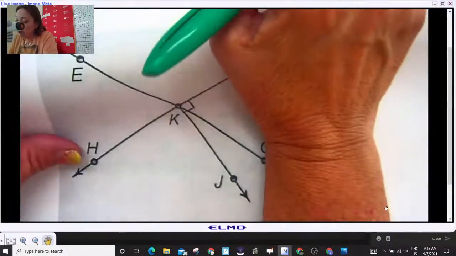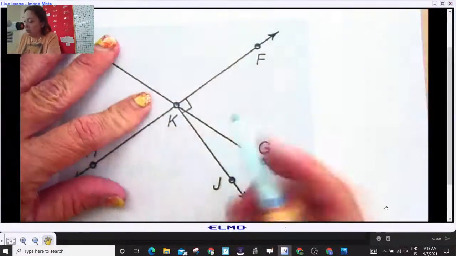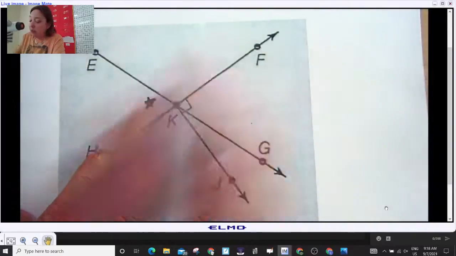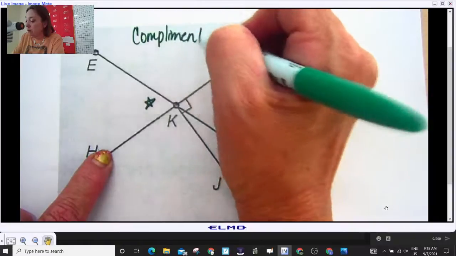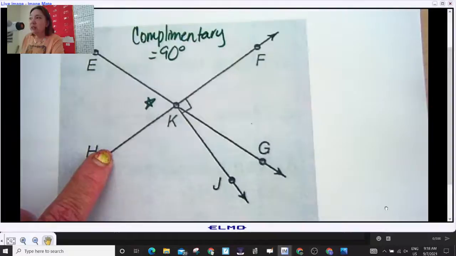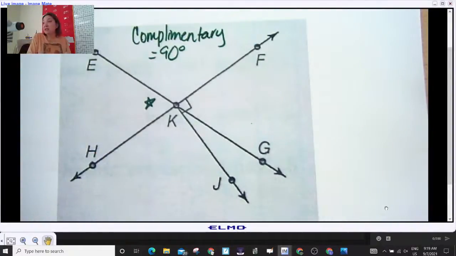What are we looking for? Complementary to EKH. So EKH is this guy, right? And we want to know what is complementary. Now, what does complementary mean? Equals 90. So that means they add up to 90 degrees, right? Now, they do not have to be adjacent to add up to 90, right?